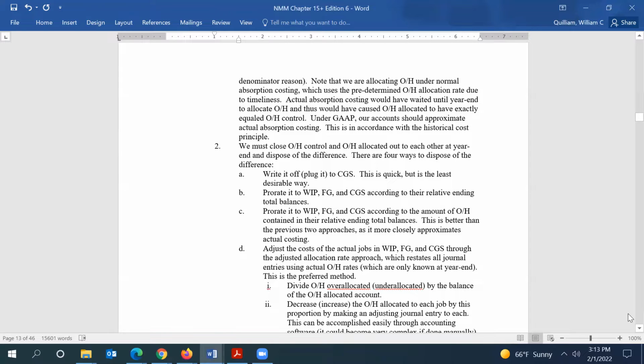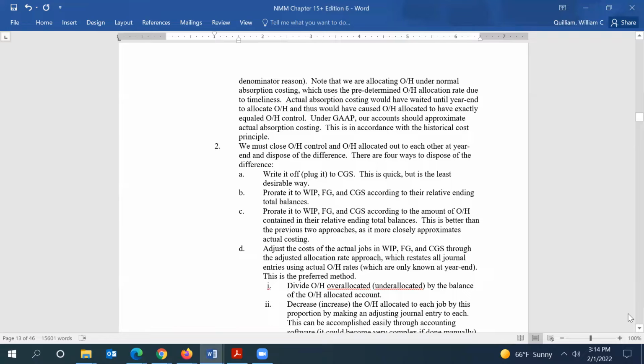And under GAAP, our accounting should approximate actual absorption costing, and that's in accordance with the historical cost principle. So this is one of the very few places in this course where we're going to have to worry about GAAP, because these numbers are going to come out in external financial statements in the end.